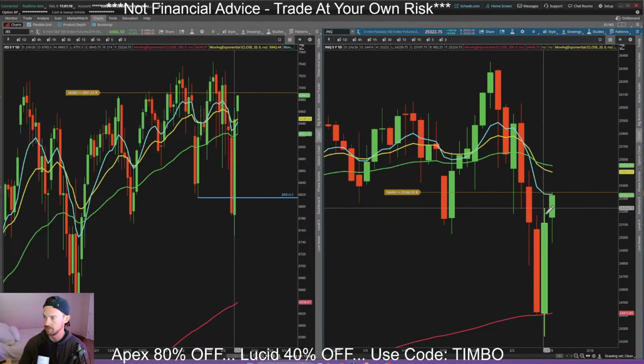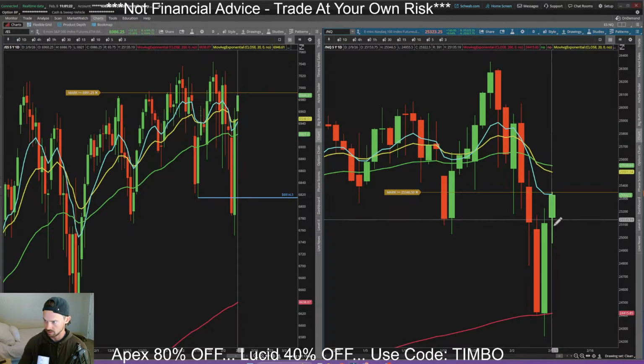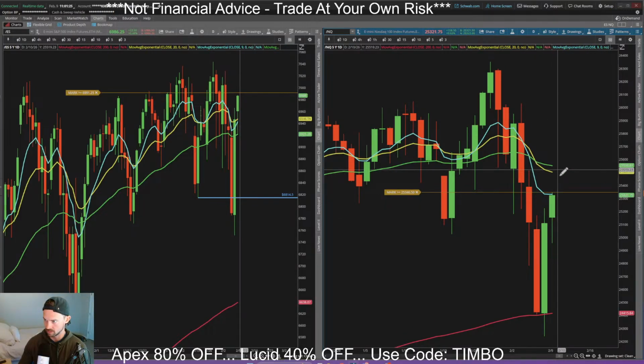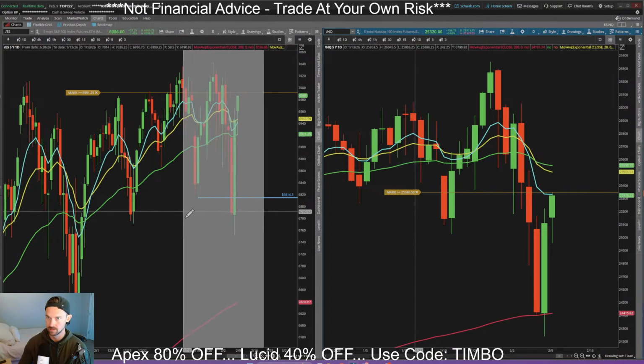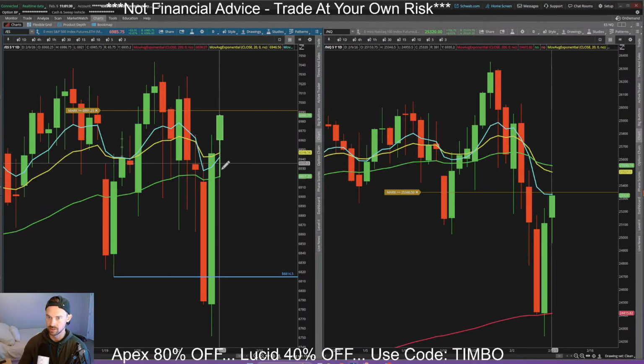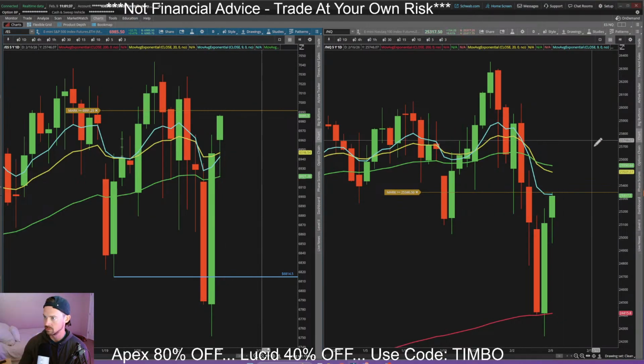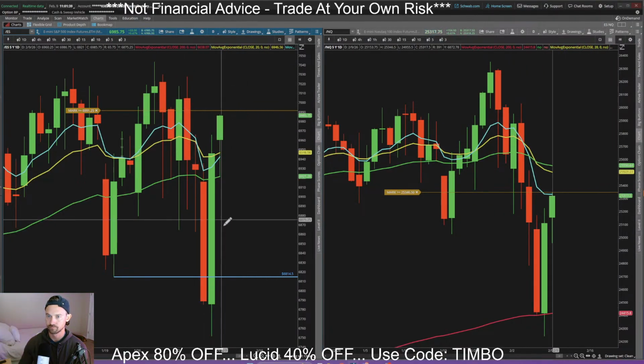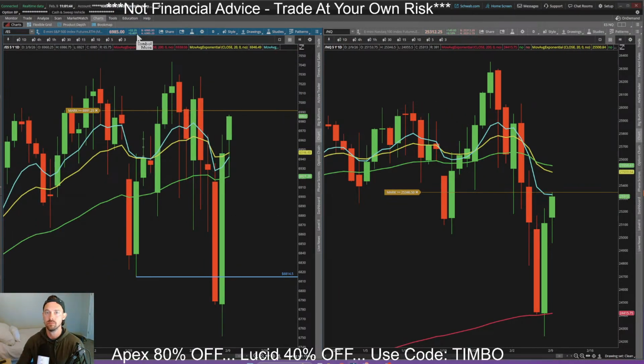We're above previous day high now from Friday, so I expect this daily candle that formed this bottom wick to expand to the upside here, especially on ES because it's above all the EMAs, the 9, the 20, the 50. NQ has a little bit more resistance to the upside here with these EMAs. But ES is looking pretty strong. So we could certainly see more expansion to the upside here based on this daily candle on ES.